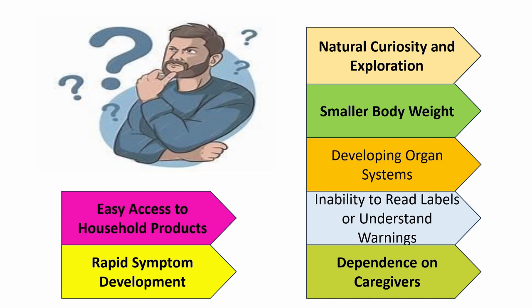Also, not all parents can trust their caregivers, who are not looking after the children, so children are always the victims of getting poisoned. They explore and easily find the poisons. And symptoms develop rapidly in children compared to adults.